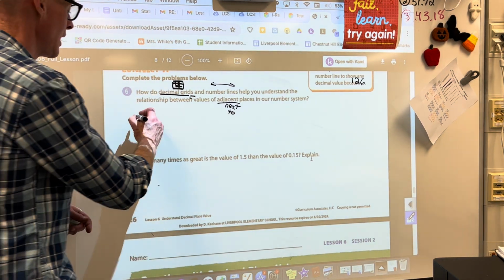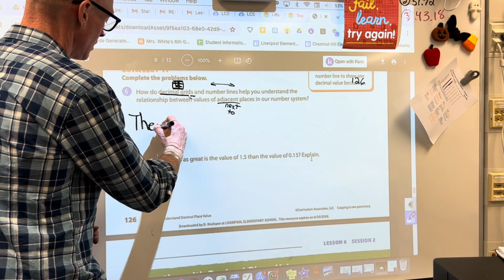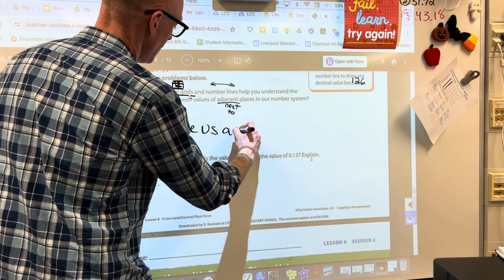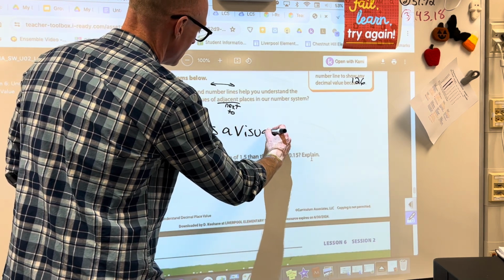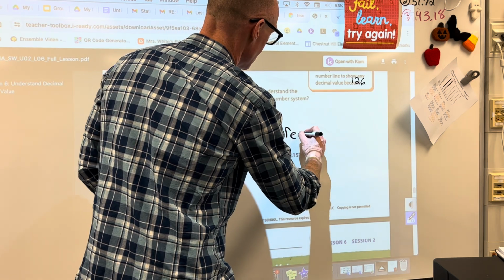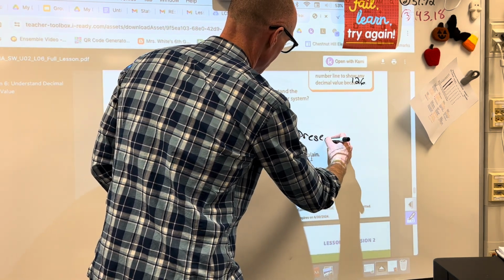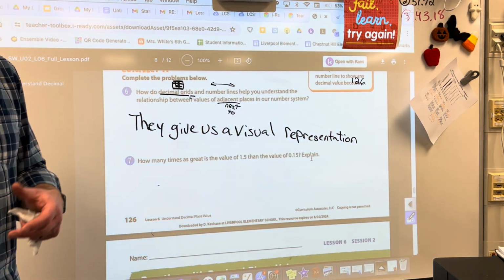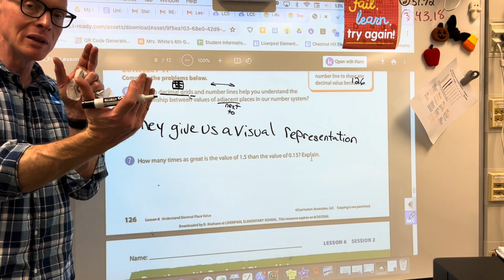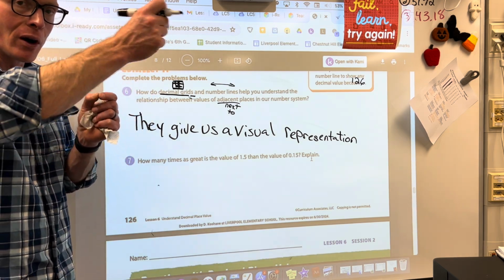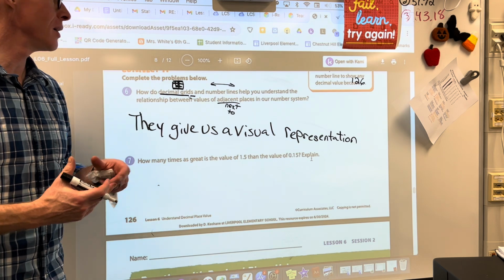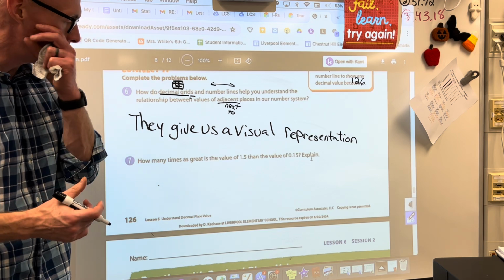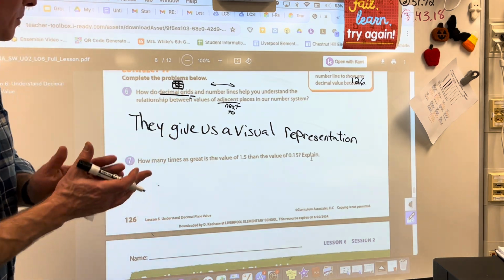We're just simply going to say they give us a visual representation. So in other words, instead of just using numbers, when you see the number lines, you could see how far apart they are. When you look at the decimal grids, you could see how many more squares are filled out. So they do a good job of giving us a visual representation.